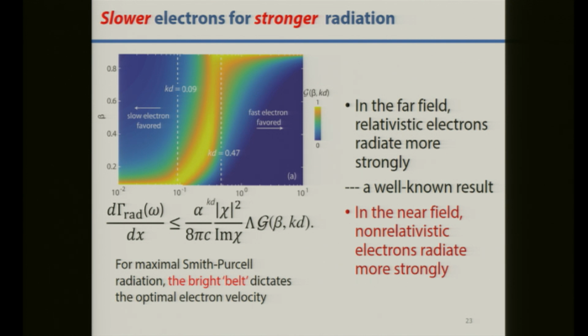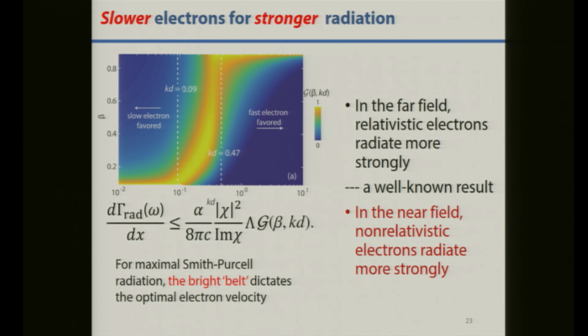And we find there's a bright belt in the diagram of this G parameter. And the brightness of the G function actually dictates the optimum velocity to generate radiation at a given electron-structure separation.